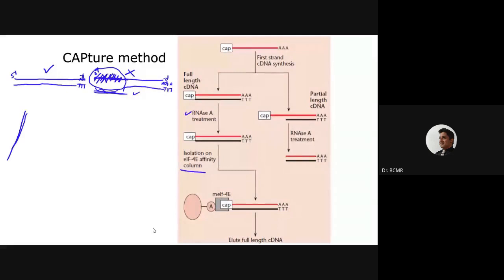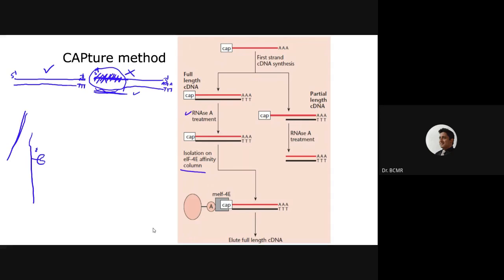So this is important. You have a column, and the column has an attached stationary phase.